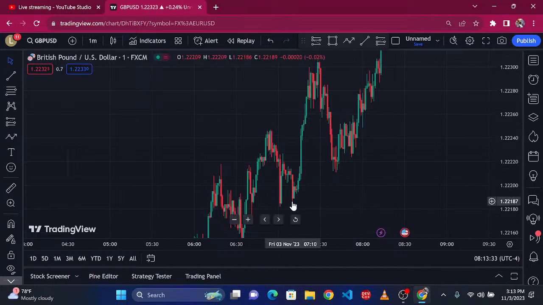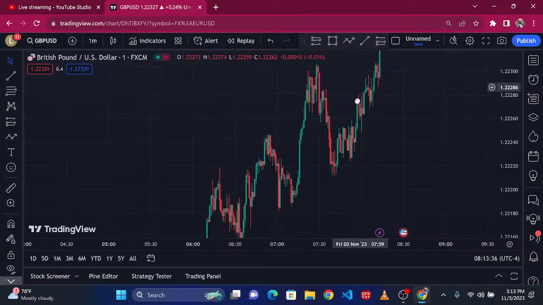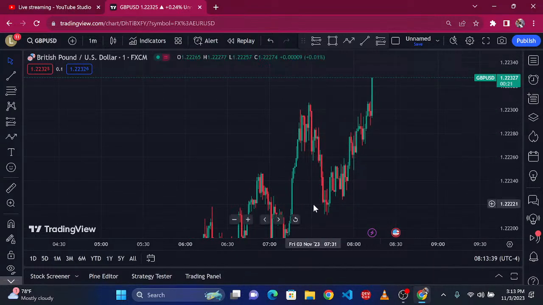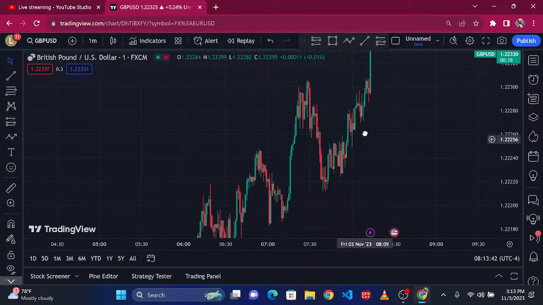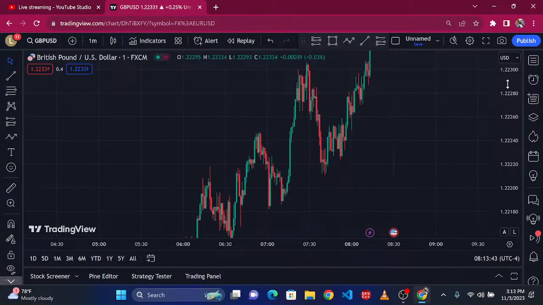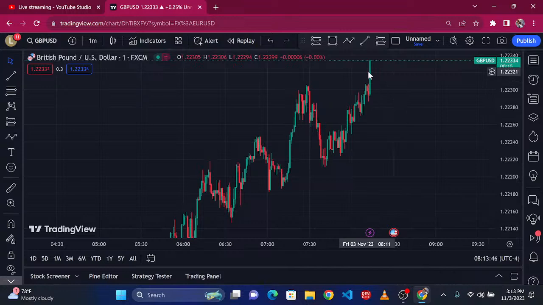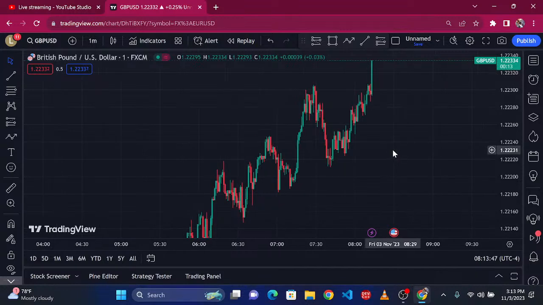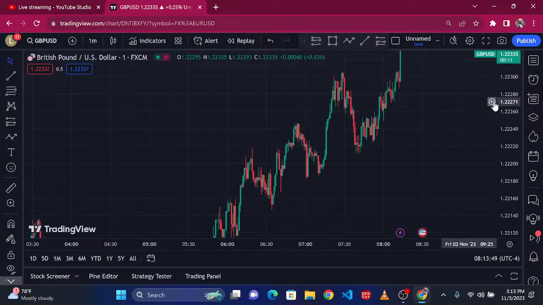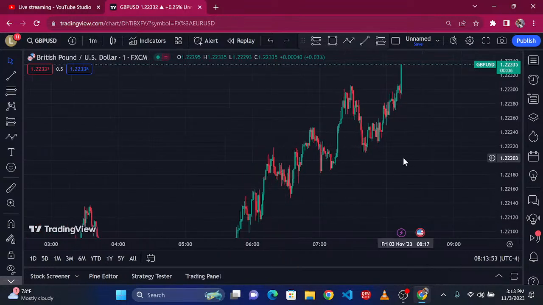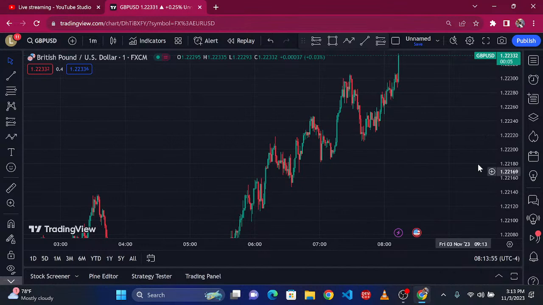The stop loss is always here, and then you take a big shot up. Yeah, it is buying crazy. You can see right there, but NFP has not reached yet, so that is just a manipulation movement before the NFP reaches.